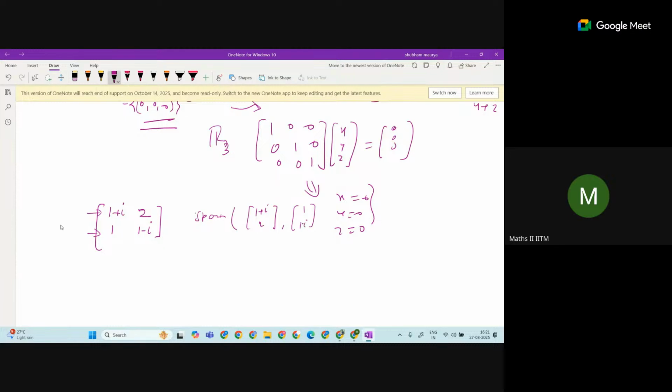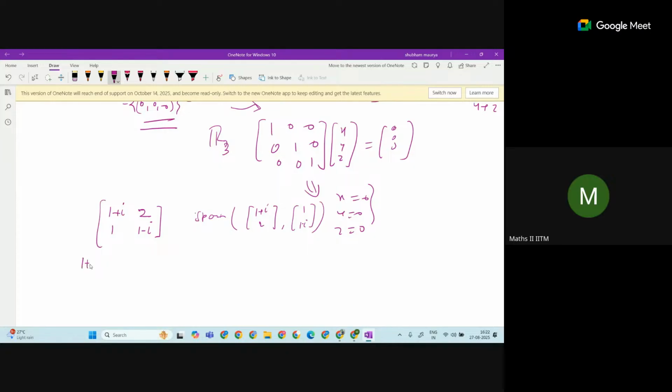But one thing, if you observe it, this is the row space, fine. But let's do some operations here.